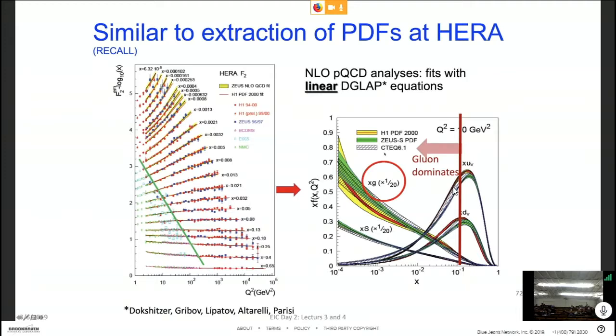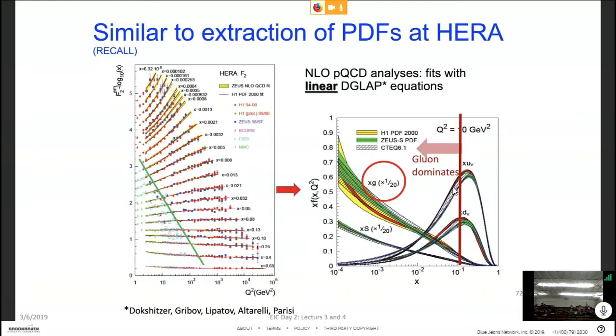If the slopes are significant, we can make precise measurements of the gluon distribution. If you measure things only in this bottom corner region, you will not have a very good handle on the gluon distribution. And that is one of the main reasons we proposed the polarized HERA first and the polarized collider.